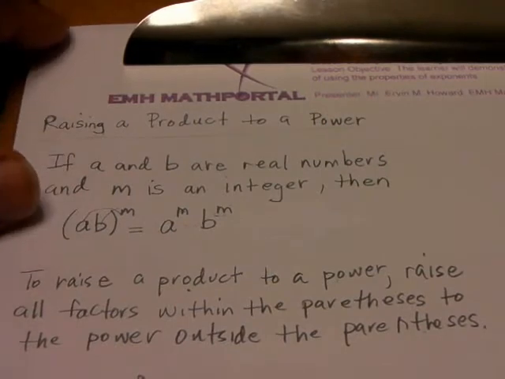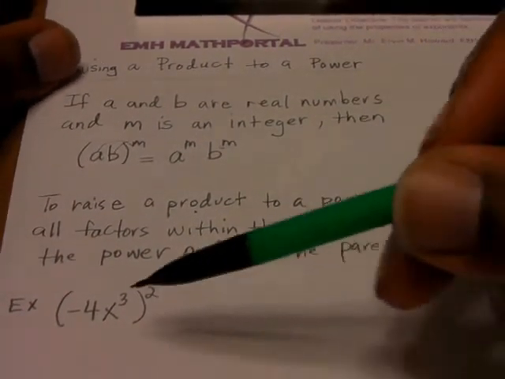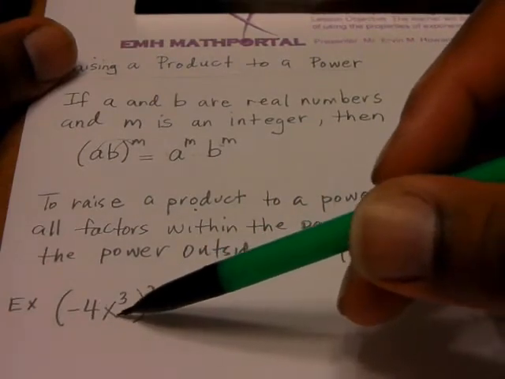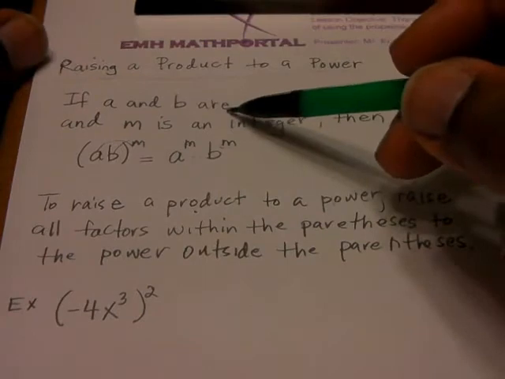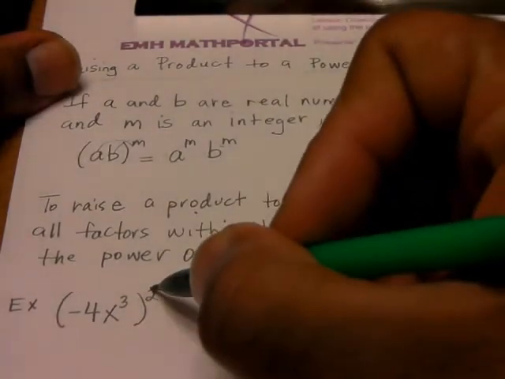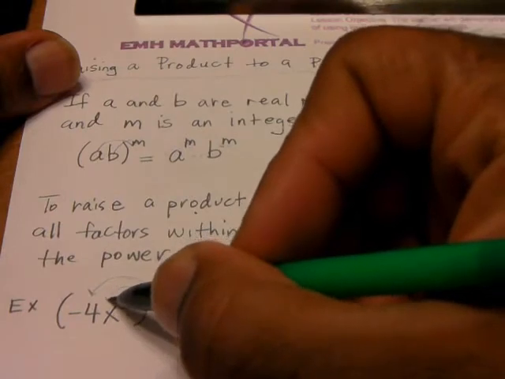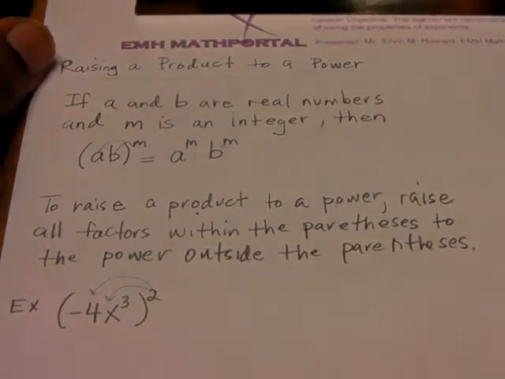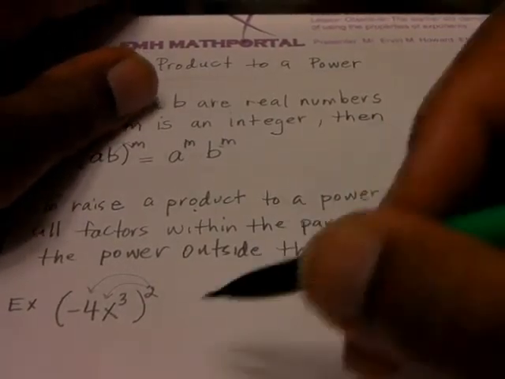Let's do two examples. We have negative 4x cubed raised to the power of 2. According to the formula, we're going to raise the power to each of the bases. And notice we're going to have a combination of using various properties.